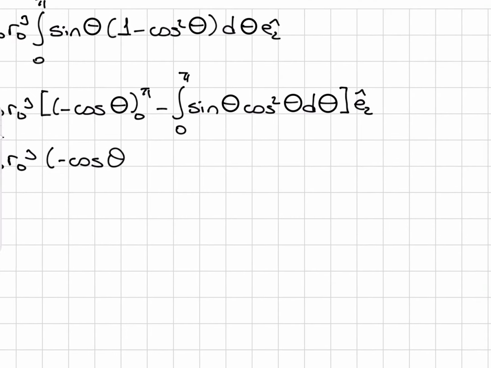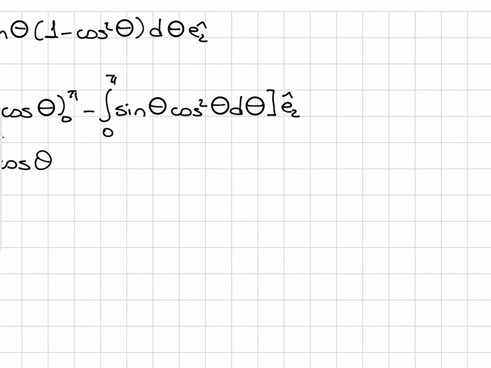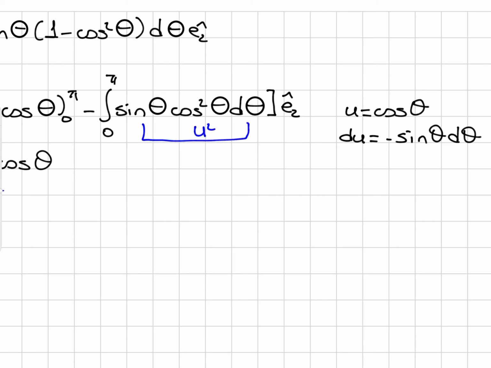and in order to perform the second integral, I do the following substitution. U is equal to cosine theta and du is equal to minus sine theta d theta. Therefore, you see that I have here u square du.